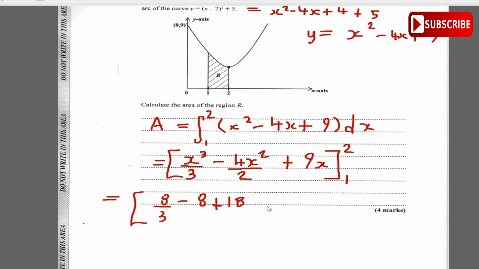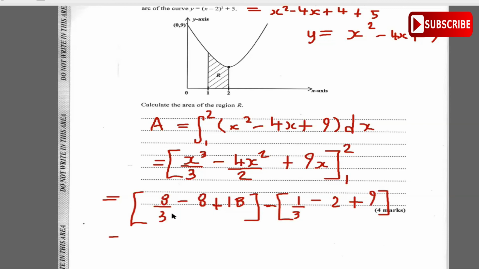And then we subtract, plugging in 1. When you plug in 1, you're going to get 1 cubed over 3, which is 1 over 3, minus 4 over 2, which is 2, plus, plugging in 1, we get 9 times 1, which is 9. So what does that work out to be?